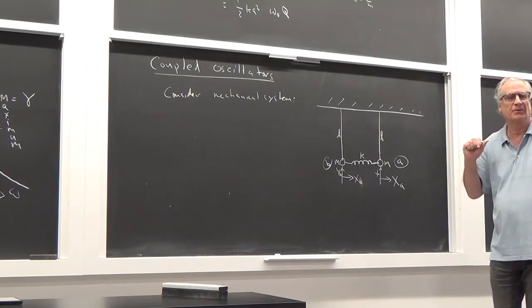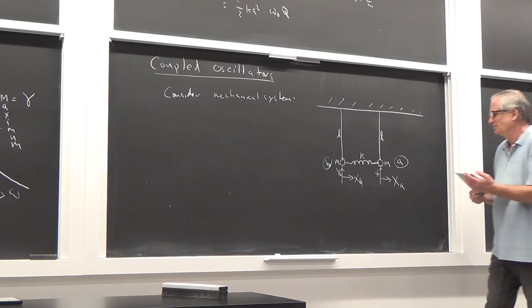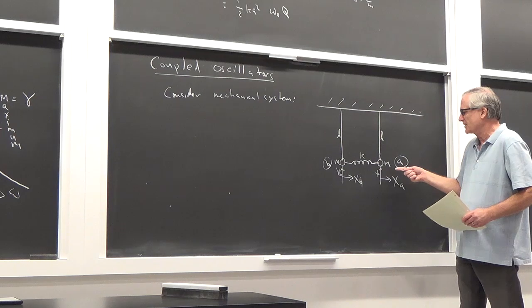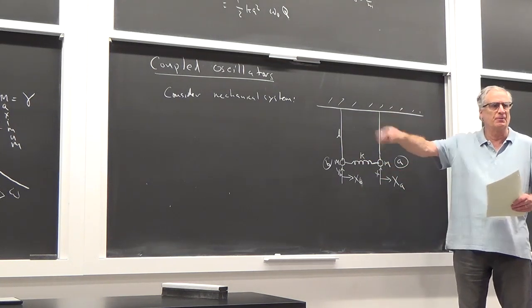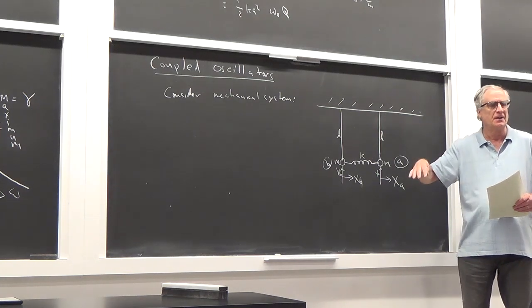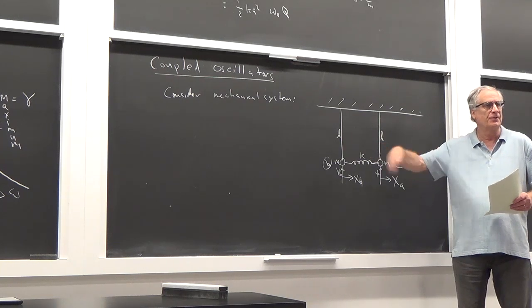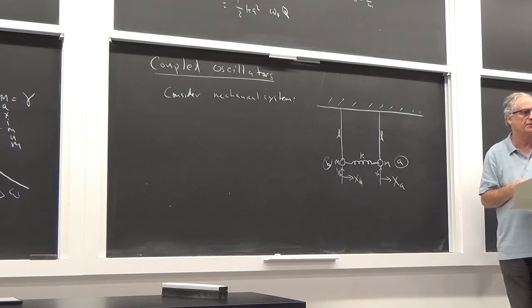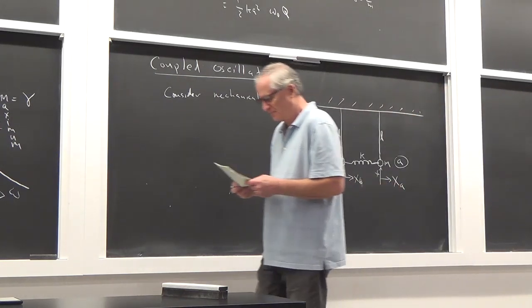It'd just be a little more complicated, but it wouldn't be too much harder. So the initial motion of mass A is going to transmit through the spring to mass B, and pretty soon mass B is going to start oscillating. And the motion is probably going to slosh back and forth between the two, just like we saw when I did the tennis balls. But let's see what happens.